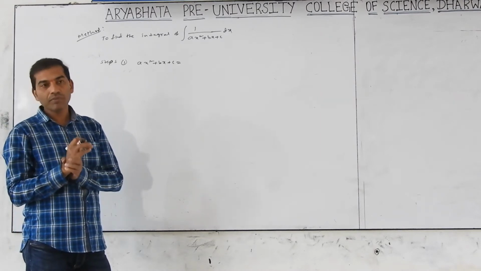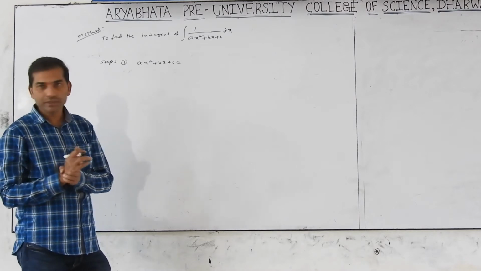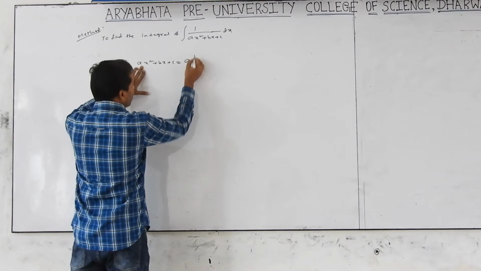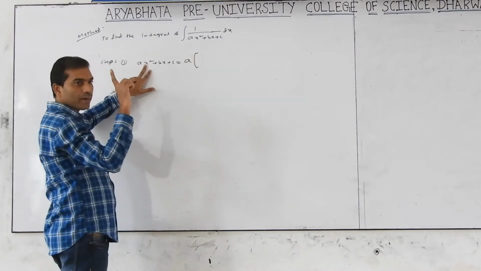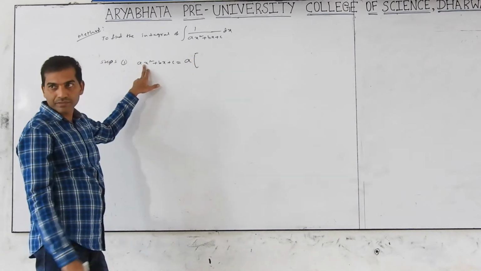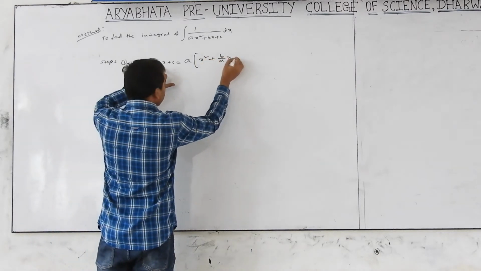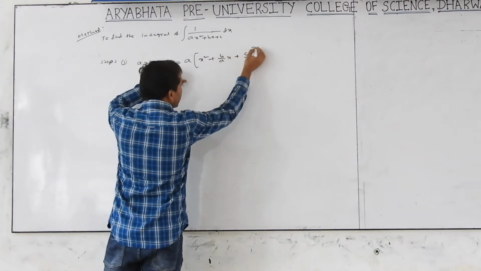How can we reduce it? The procedure is, first take a common, making the coefficient of x square always 1. Then we get x square plus b by a x plus c by a.